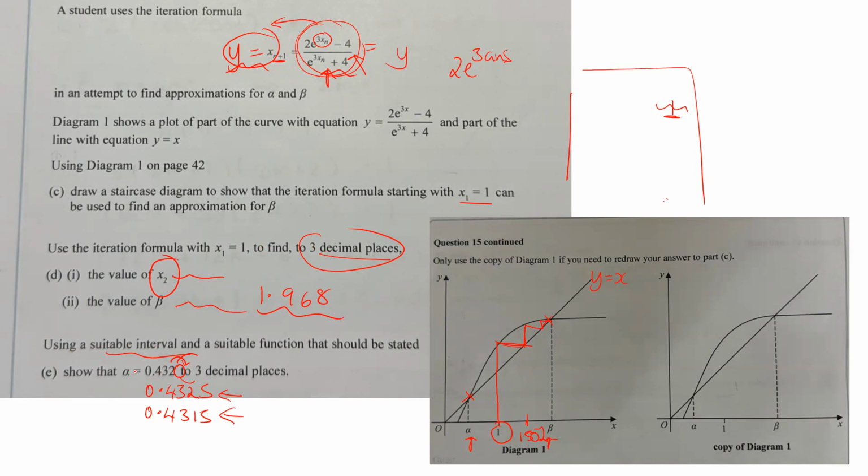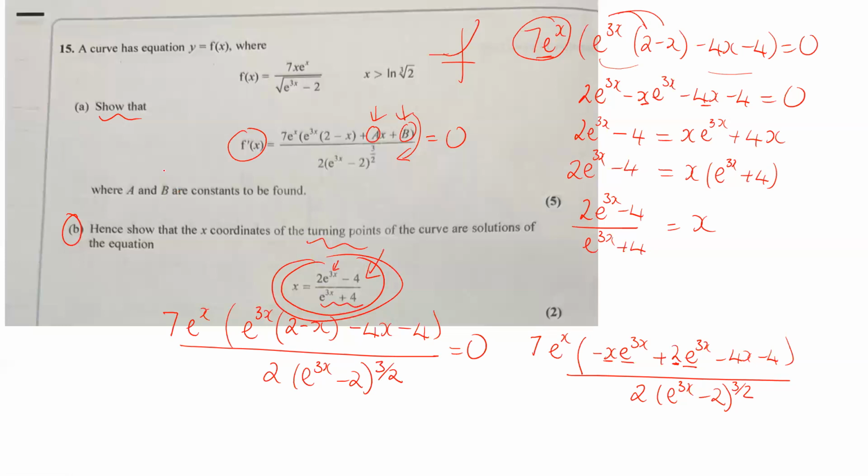Now we're looking for a suitable root of the f dash. So you need to go back. What we've been doing when we equated that to naught and got this iterative formula, it all came from f dash.